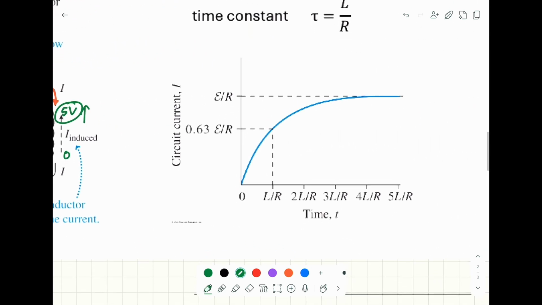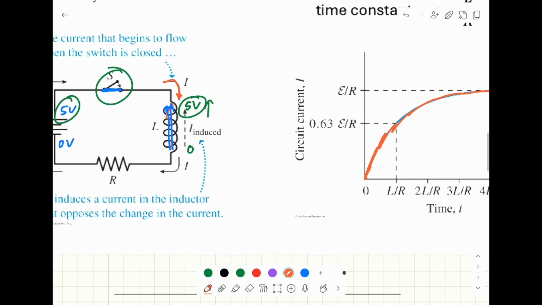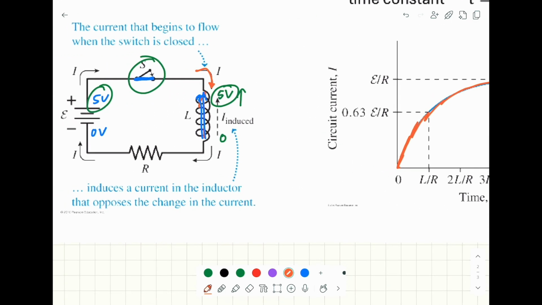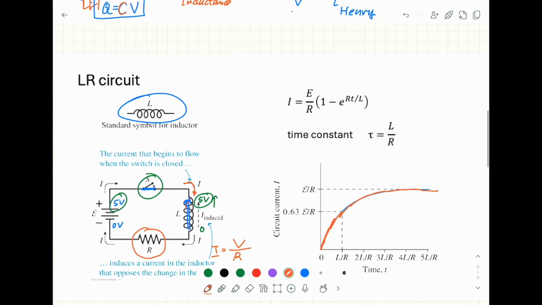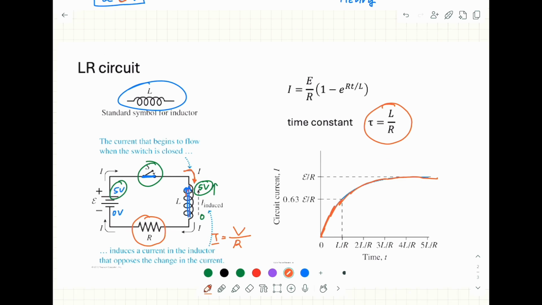The current later will gradually increase until it reaches the point where the coil becomes like a conducting wire, and the current is now determined by V over R. The time constant is L over R. And the rise of current is described similarly to a capacitor, 1 minus e.